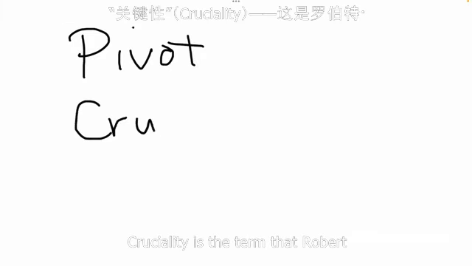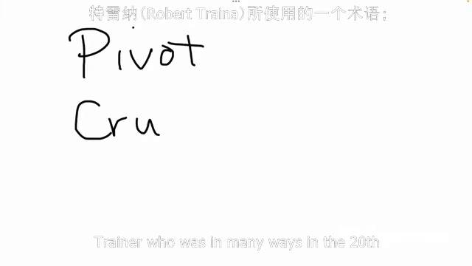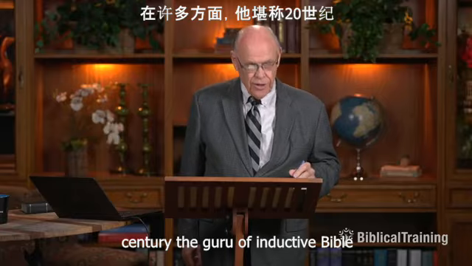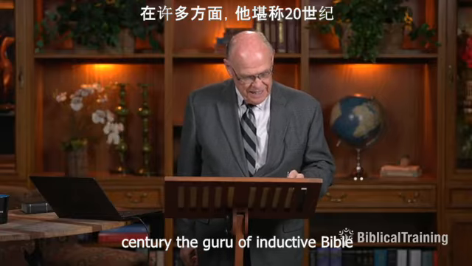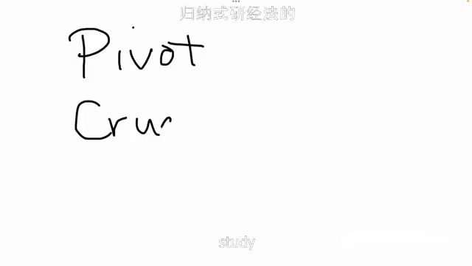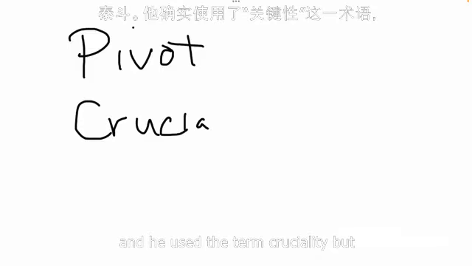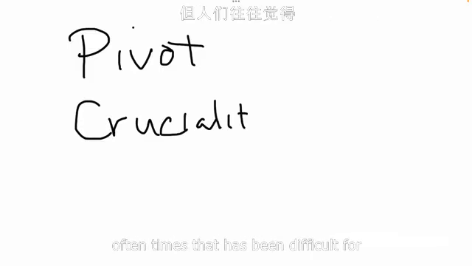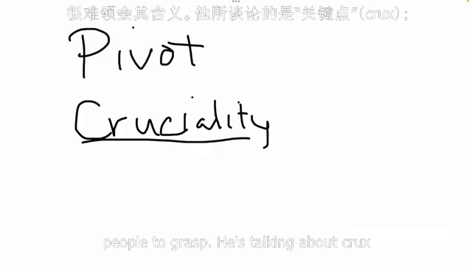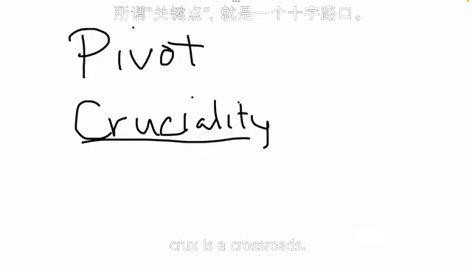Cruciality is the term that Robert Traina, who was in many ways in the 20th century the guru of inductive Bible study, used, but oftentimes that has been difficult for people to grasp. He's talking about crux. Crux is a crossroads.